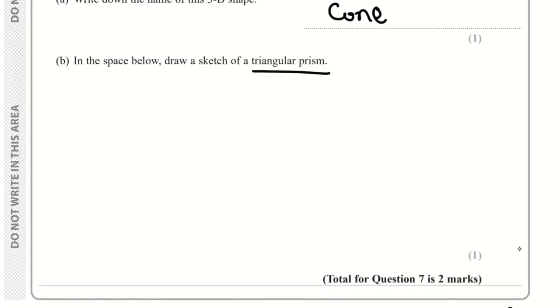So let me draw a triangular prism. I'm going to draw a triangle here. This might not be the best of drawings, but it's cool. So if I draw a triangle like this, and I'm going to draw a triangular prism, let's go like this. Okay, I think this can be better. Like this. Okay. And then like this again.